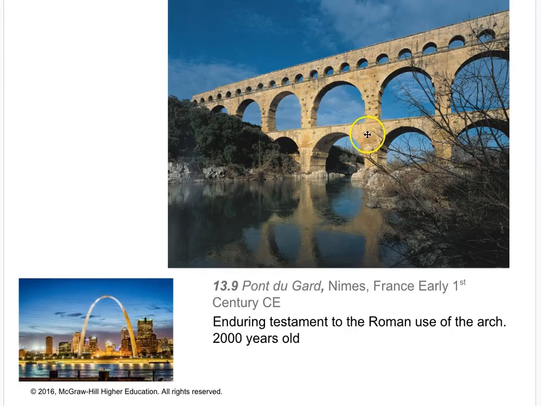This was an aqueduct that would carry water over these bridge type things. And the Romans had a very elaborate system of aqueducts. This one actually has 3 tiers.